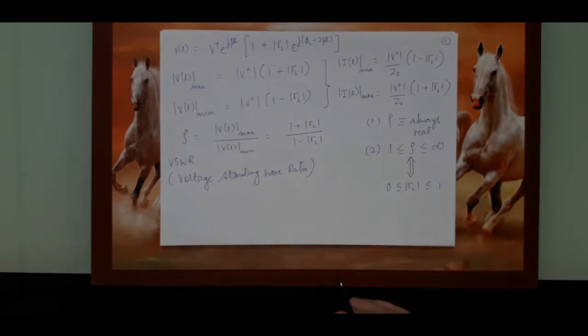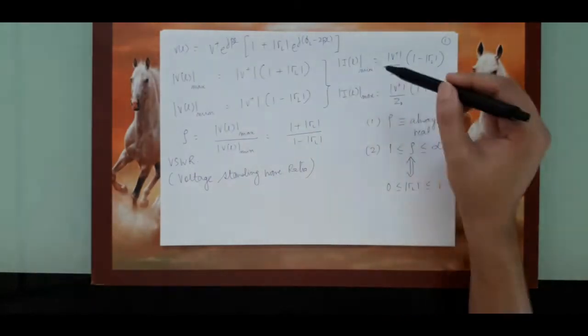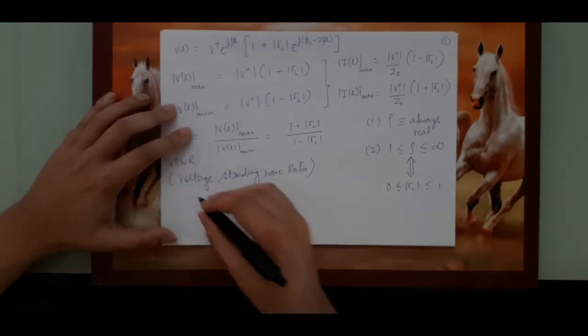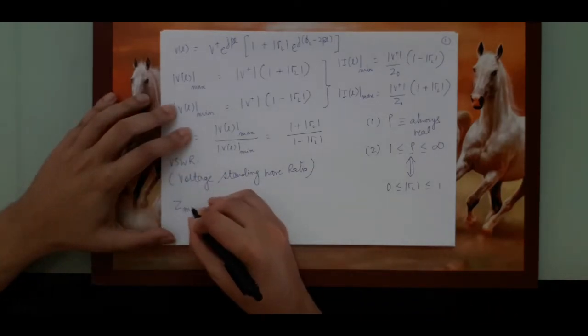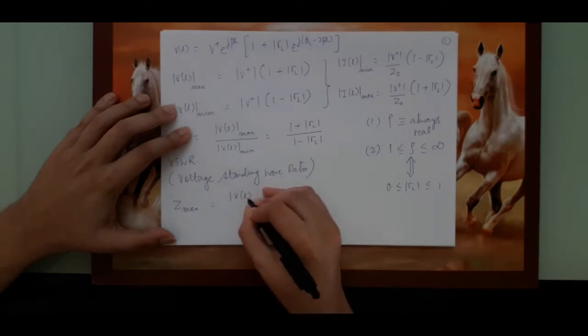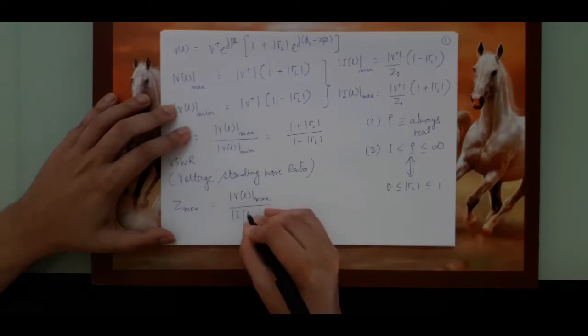So, whenever voltage magnitude reaches a maxima, current magnitude reaches a minimum. So at that point, we get the maximum impedance. So I can say Z max at that point is nothing but VL max by IL min.